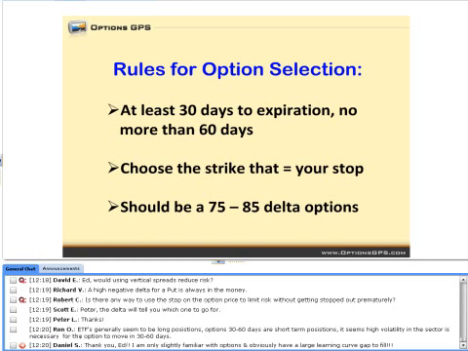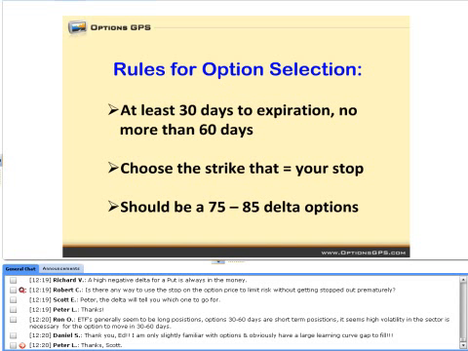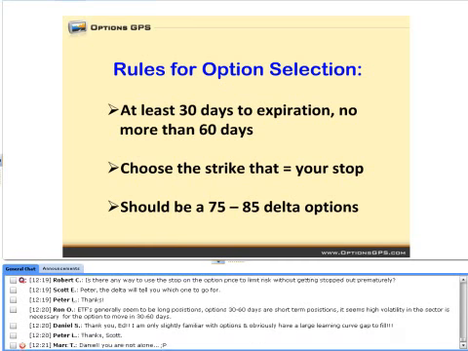I might be near the strike in a situation, but not in a position where my stop would be triggered, but for whatever reason, volatility has come down. So I don't want to be out of the trade yet, but if I've chosen a stop in the option price, when the stock or the ETF gets close to the option price, it may be triggered accidentally, and that would cause you to be stopped out prematurely.